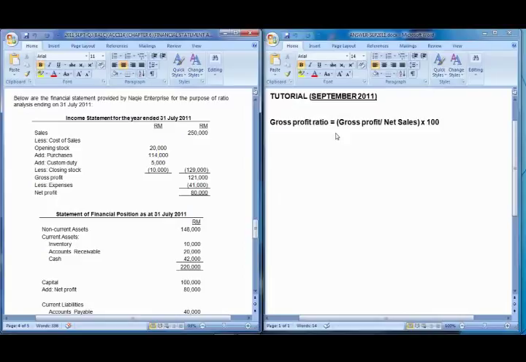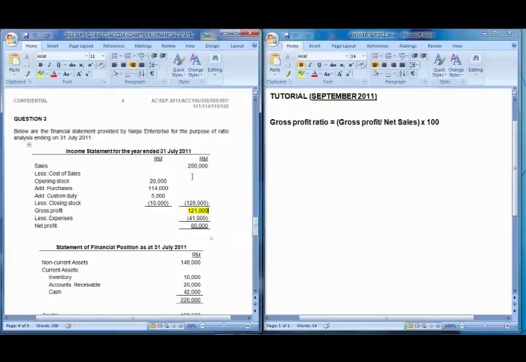So the value for the gross profit we can get from the income statement, which is given in the question, which is 121,000 ringgit, while the value for the net sales is given also, which is 250,000 ringgit.